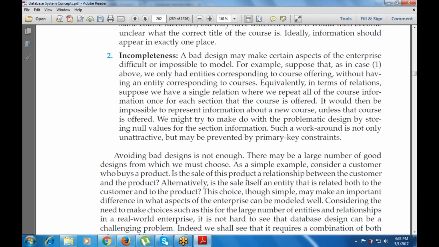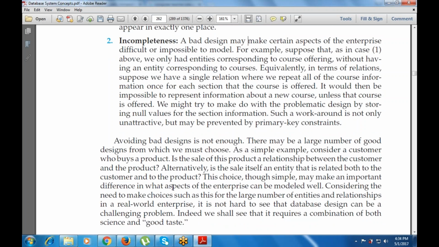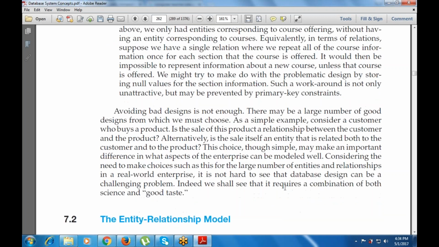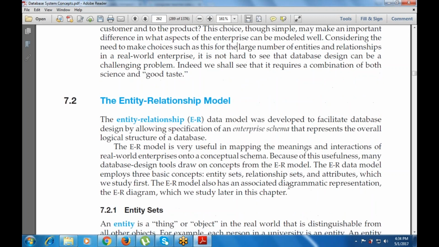This choice, though simple, makes an important difference in what respects of the enterprise can be modeled well. There are a large number of entities and relationships in a real-world enterprise, so it is not hard to see that database design can be a challenging problem. Indeed, we shall see that it requires a combination of both science and good taste.